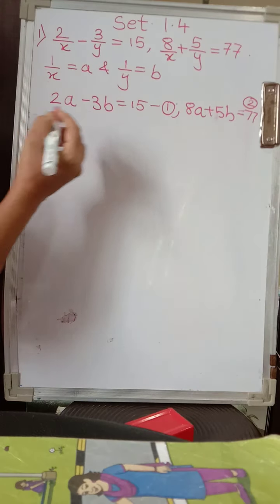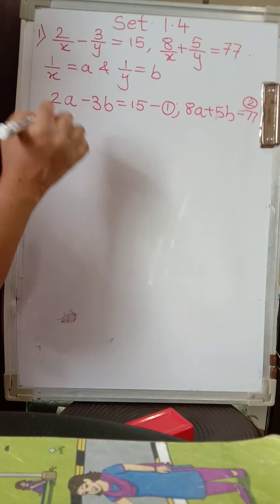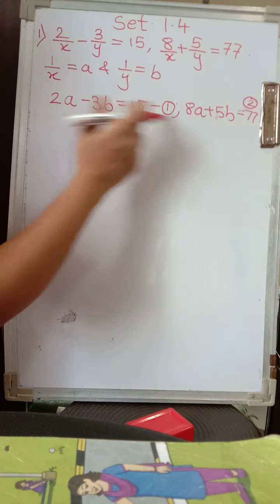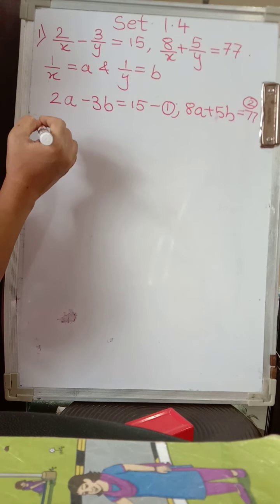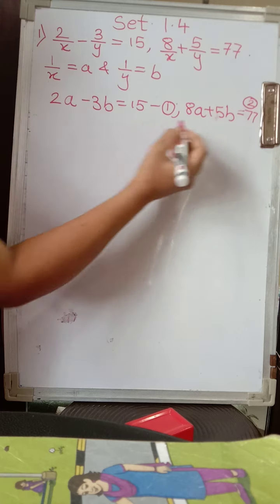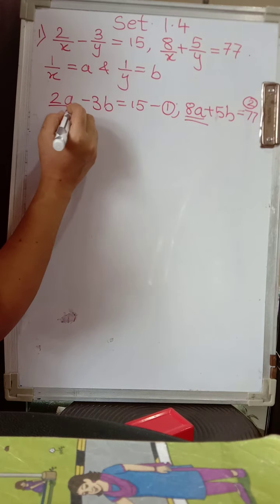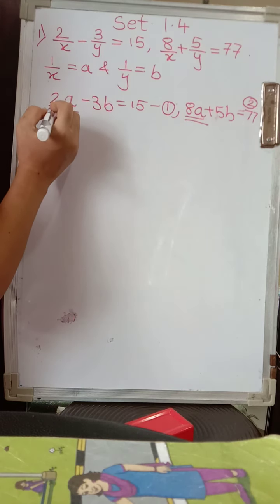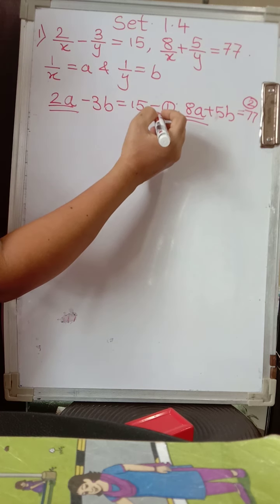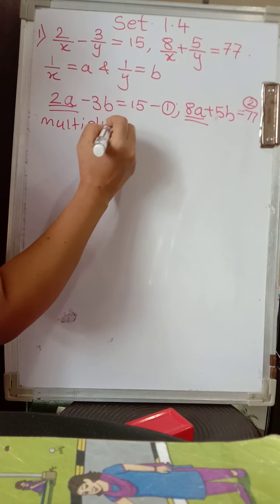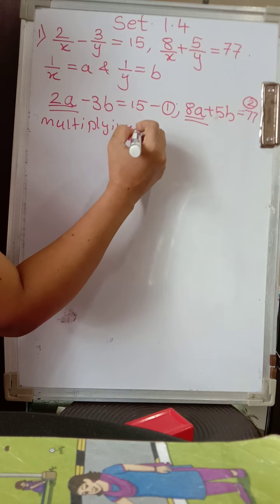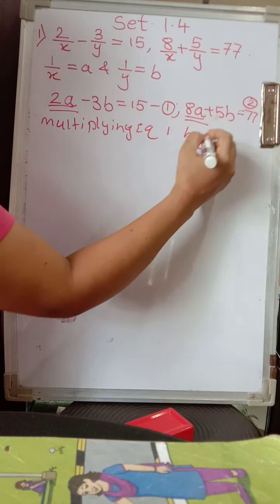Now to use the elimination or substitution method, see if the coefficients are the same. Coefficients are not the same, but you can equalize the coefficient by multiplying. Here is 8a and here is 2a. To make this 2a as 8a, we can multiply this equation by 4. So we are multiplying equation 1 by 4.